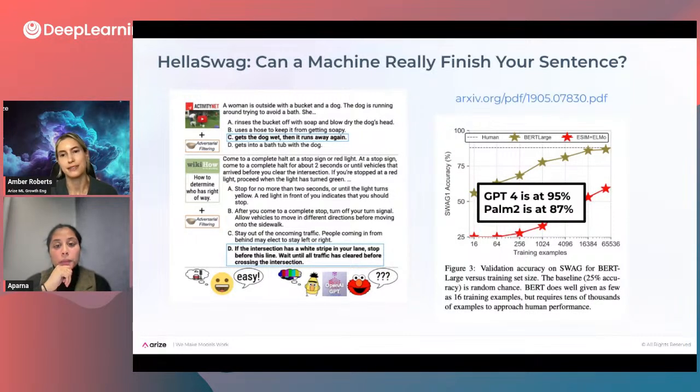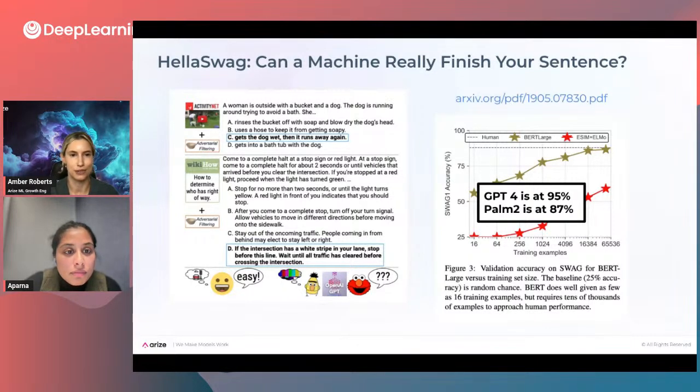But what happens when GPT-4 is now pretty much at human capability for these metrics? This is where critical thinking around benchmarking comes in, because the finish line always moves, especially when these models are getting more and more performant. Even though some of these results don't make any sense, take a question like: a woman is outside with a bucket and a dog.